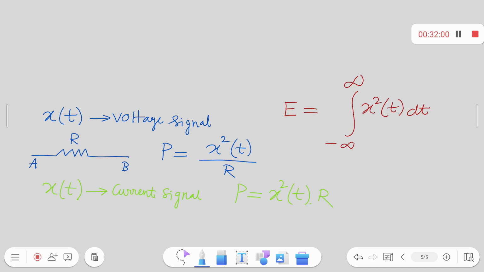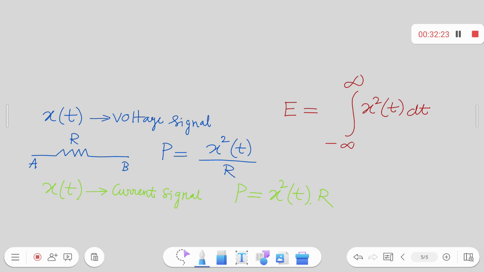Okay. Now there is a problem associated with this kind of representation. Can you identify the problem? We have assumed that R is equal to 1.